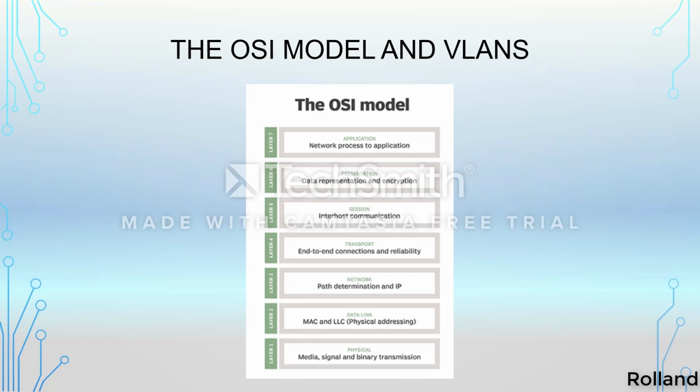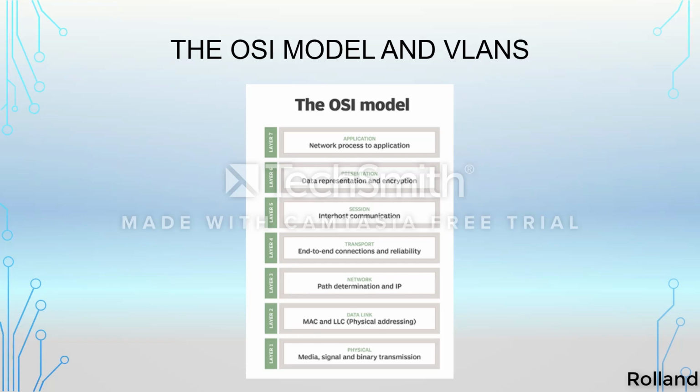Next, we have the network layer, which is layer 3. It provides switching and routing technologies, creating logical paths known as virtual circuits for transmitting data from node to node. The data link layer furnishes transmission protocol knowledge and management, and handles errors in the physical layer, flow control, and frame synchronization.